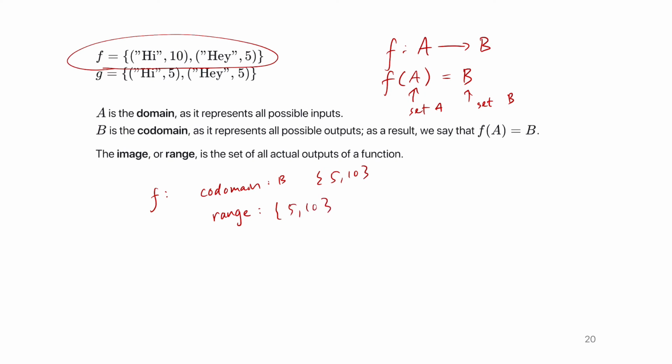Is that clear? What about g? The codomain is the same, still 5, 10. What about the range for g? It's just the set 5. So the codomain is the set of all possible outputs, while the range is the set of all outputs that are actually seen.